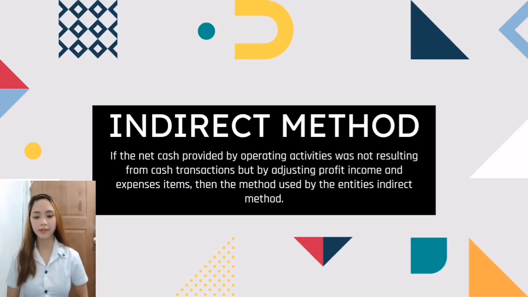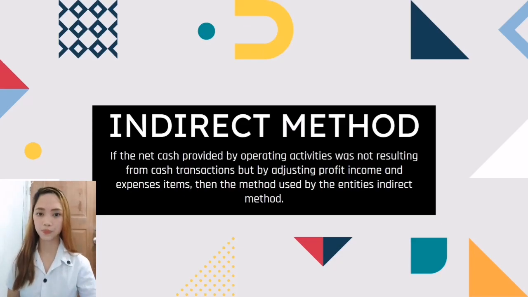If net cash provided by operating activities did not result from cash transactions but from adjusting profit for income and expense items, then the method used by the entity is indirect method.